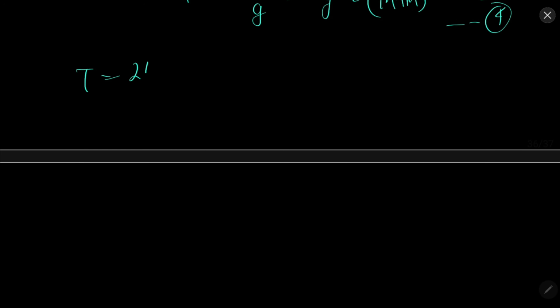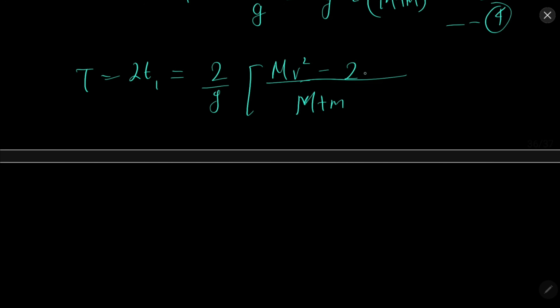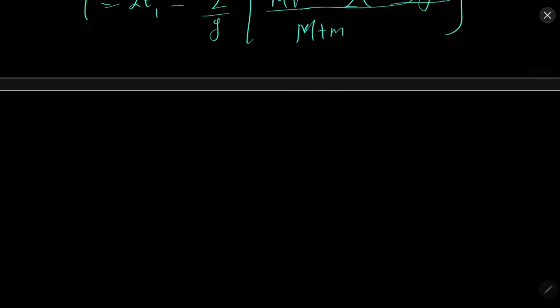So t will be 2t1, equal to 2 over g times the square root of (mv squared over (m plus m) minus 2gh). S will be v1 into t.